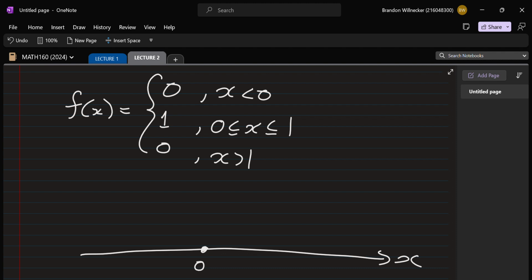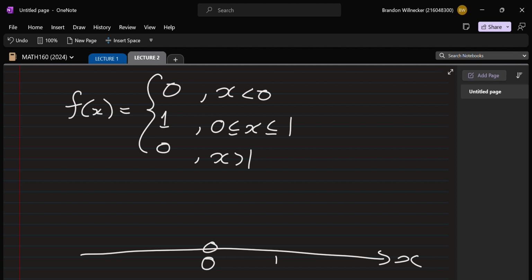Let's say this is 0, and this is 1. That's along x. Now, if x is less than 0, not including 0, a strict less than, the function is 0. So we go all the way along. It's 0 all the way along, so we're following the axis line.